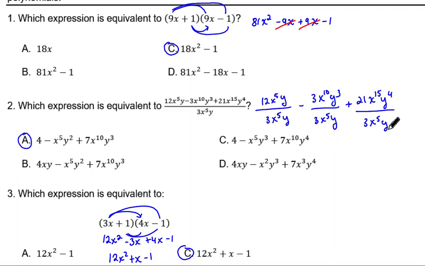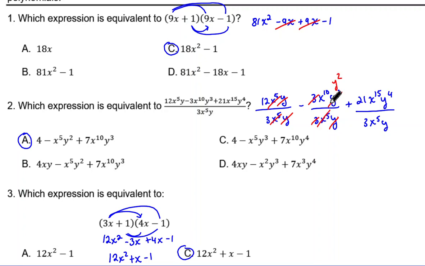And then this is where we simplify, right? The x to the 5th gets canceled out, y gets canceled out, and then 12 divided by 3 is 4. And then here the 3's get canceled out. Take out a y here, take out a y here, so I have y squared.